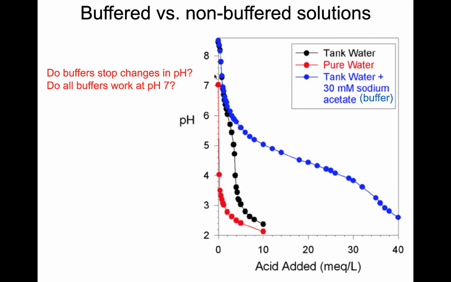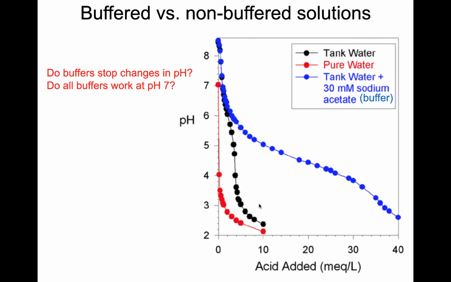Here on the y-axis is pH, and on the x-axis we are adding more and more acid. And in blue we have a buffered solution, tank water that's had sodium acetate added to it.